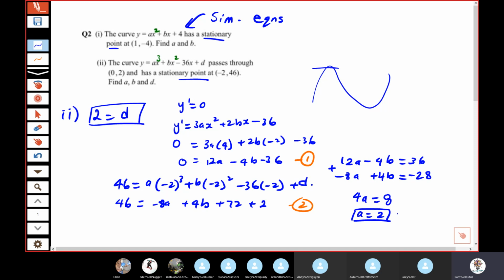Anyone agree? We'll wait and see. Let me check it as well. 36 take away 24 is 12. Looks good to me. Sub it back in, and you should solve for b as -3.